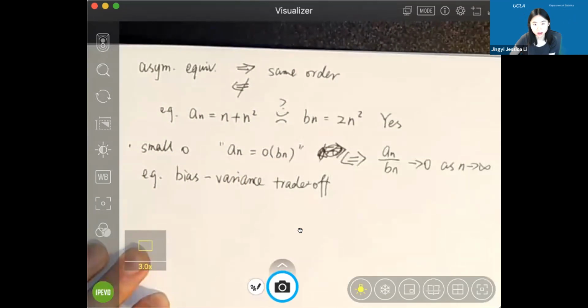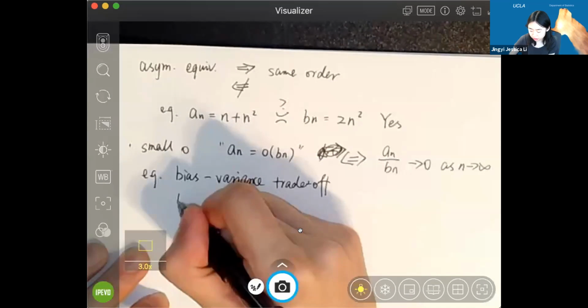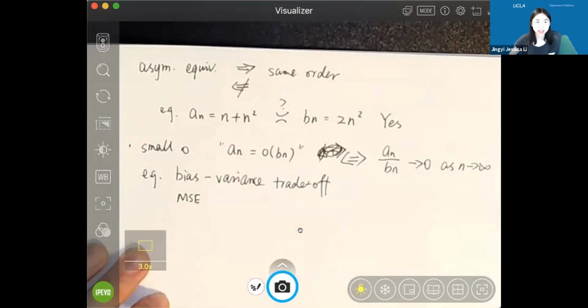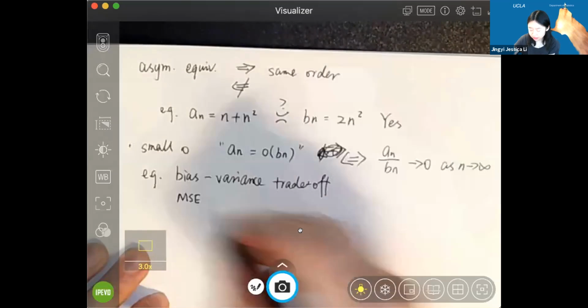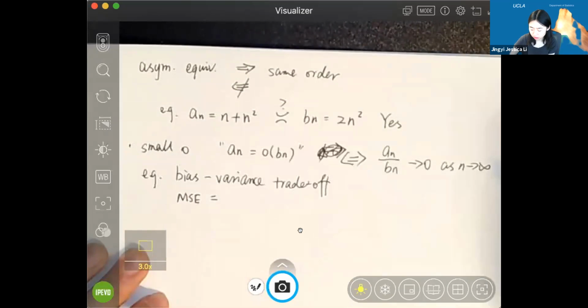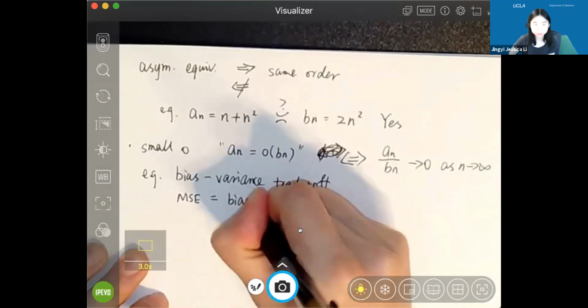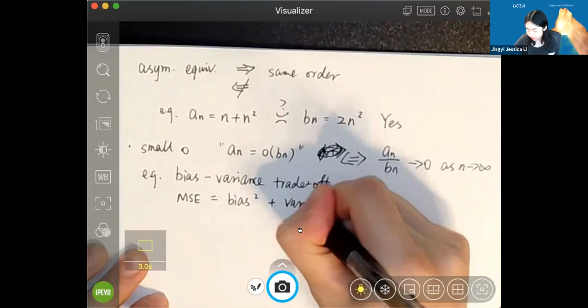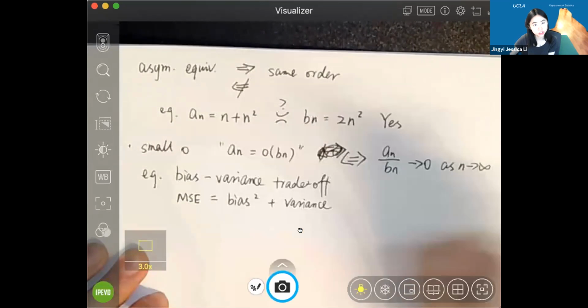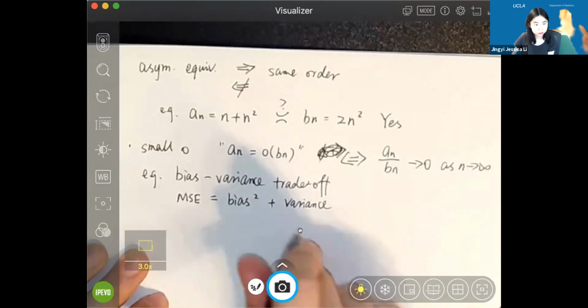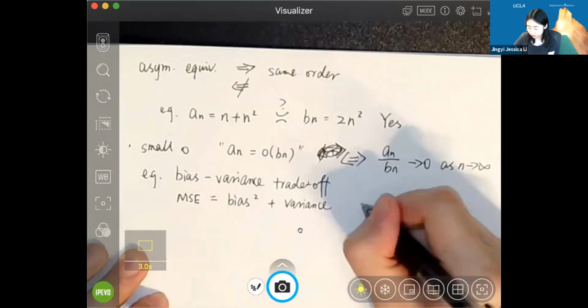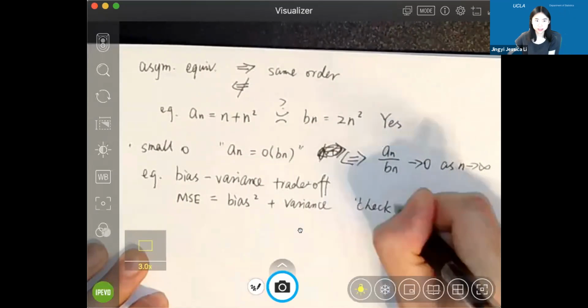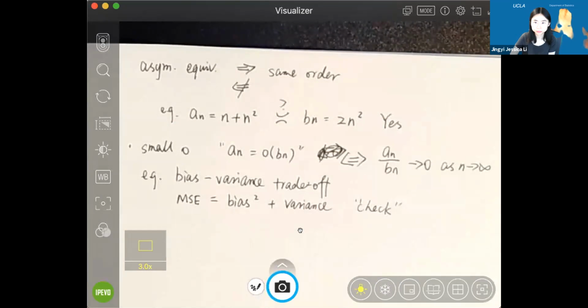If you recall, what this says is that the mean squared error of an estimator can be decomposed into two terms, the square of the bias and the variance. I'm not going to talk about the detail behind this relationship, but if you're not familiar with this, you can easily find the exact definition by Google.